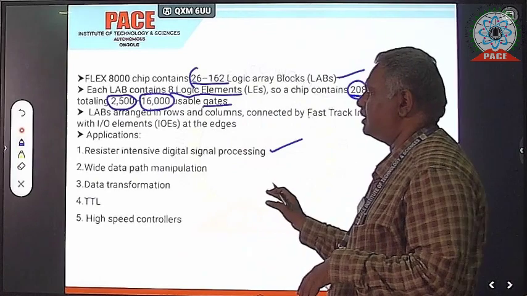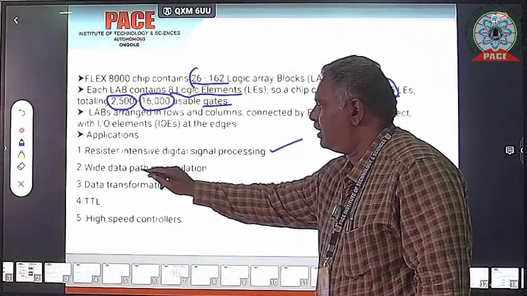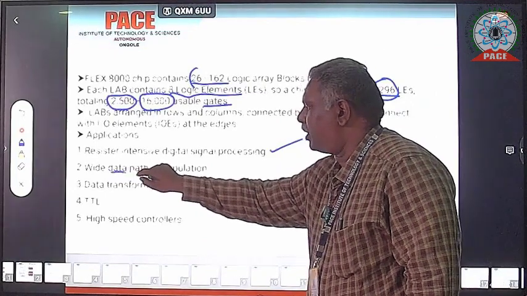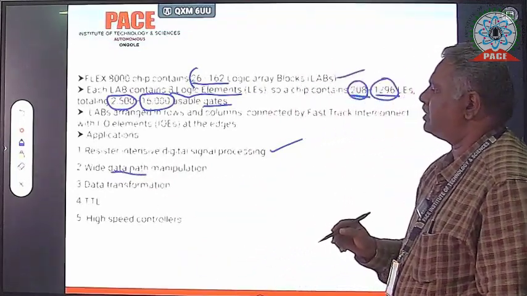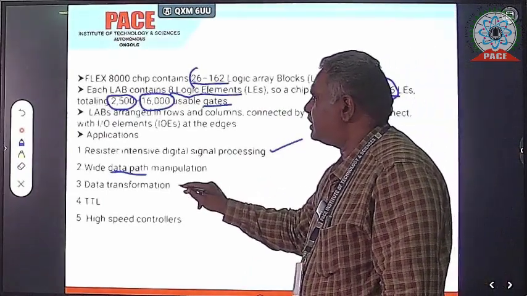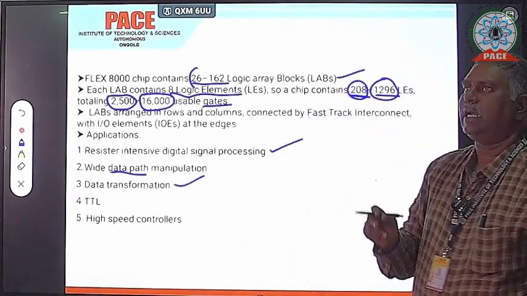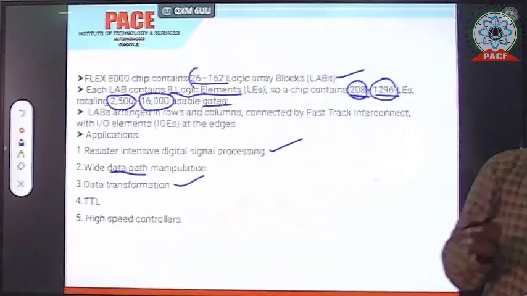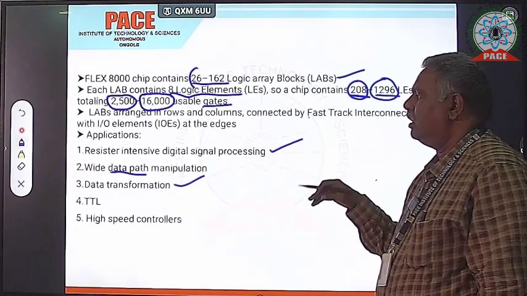One more application is wide data path manipulation, which is also important, and the third application is data transformation, converting data from one form to another form. So this 8000 FPGA plays a vital role.